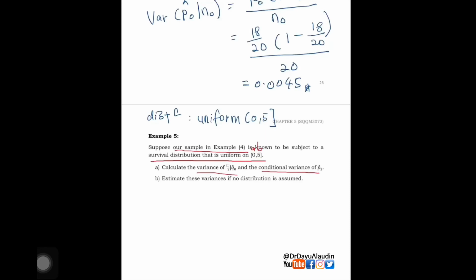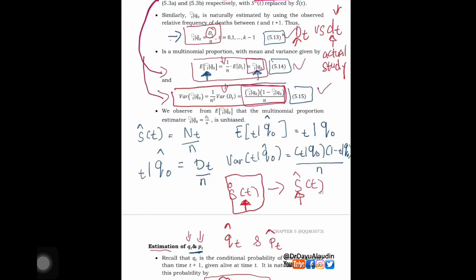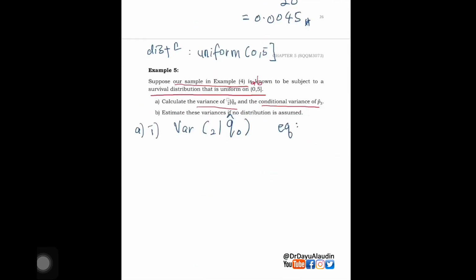So for A, you have to find the variance, A1, variance of the conditional probability, 5.15. You can refer to 5.15.